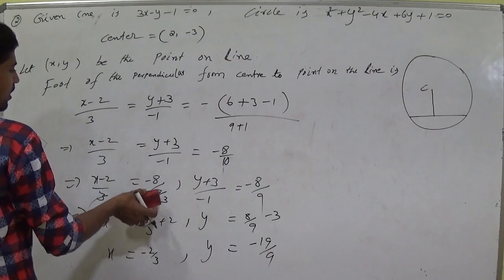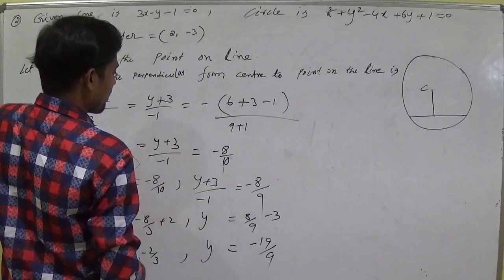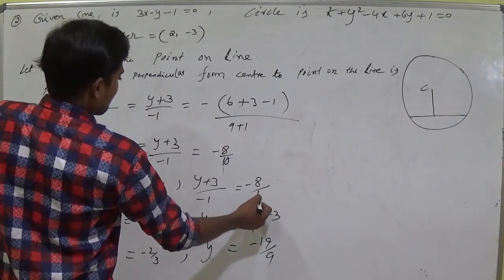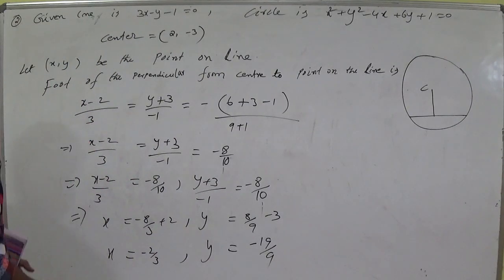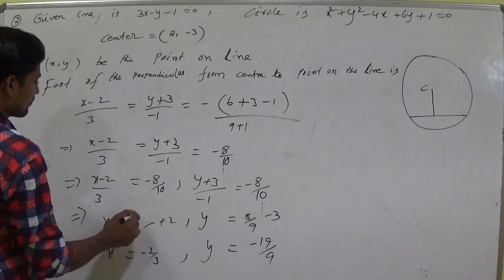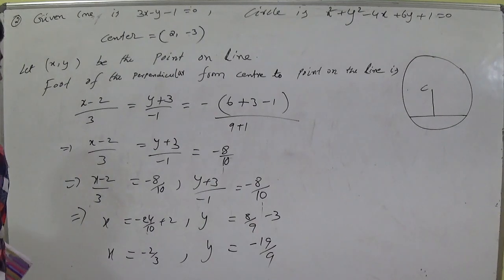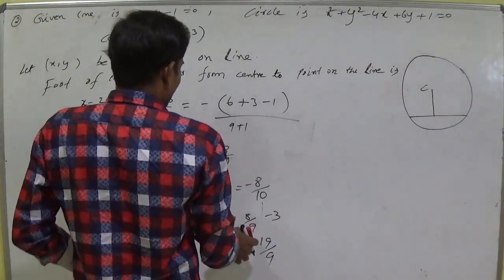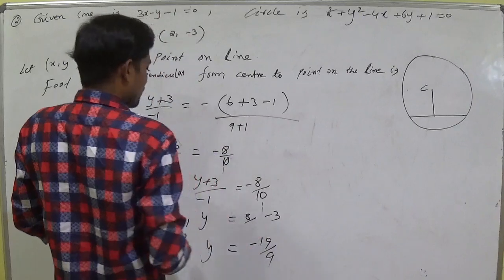So minus 8 by 10, and minus 8 by 10 times 3. So x minus 2 equals minus 24 by 10, plus 2, and y plus 3 equals 8 by 10, this becomes minus 3.